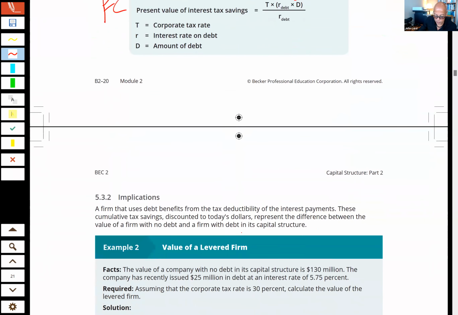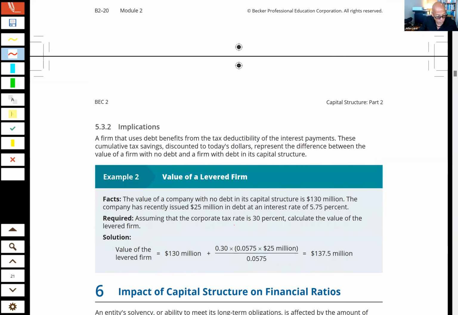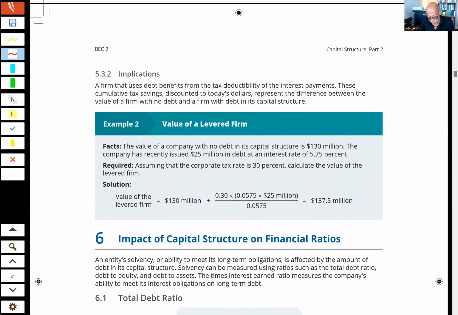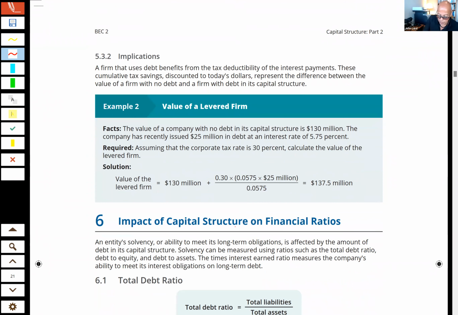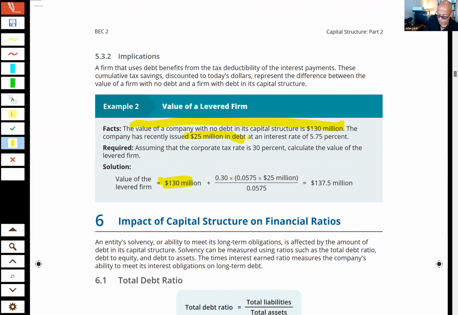You can take a look at the example over here, which just uses numbers in the formula. They tell me the value of the company with no debt, the unlevered firm, is 130. The company has recently issued 25 million of debt, and the interest rate on that is 5.75.